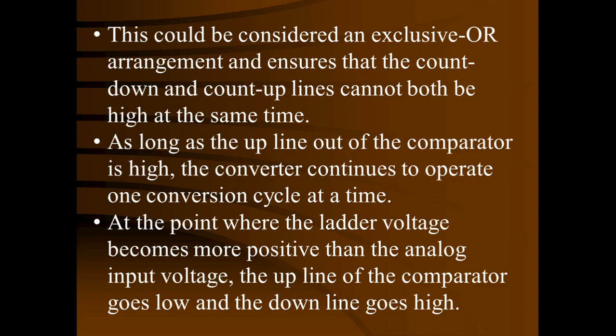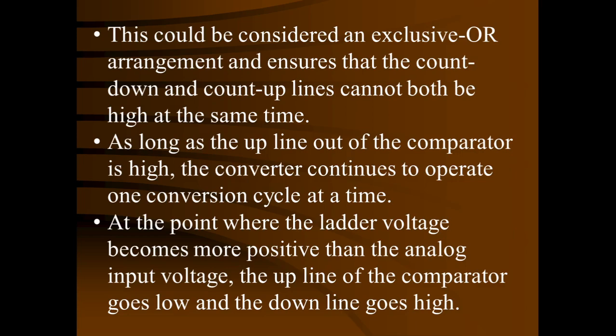If the count up line is going to be high, the counter will be operating in count up mode after receiving the clock pulse, and when the count down line is going to be high, the count up line will definitely be low and hence the counter will advance in count down mode after receiving a clock pulse.